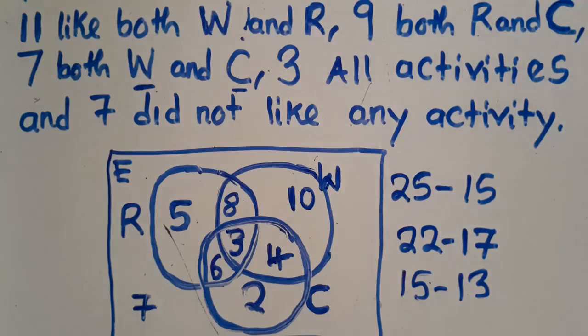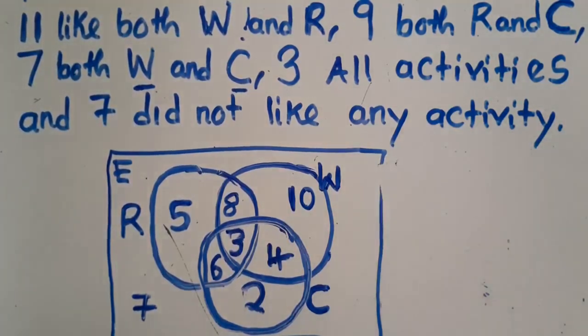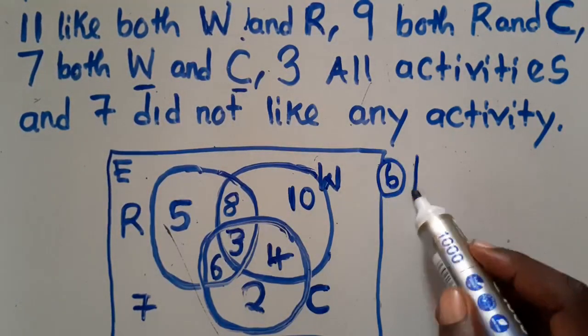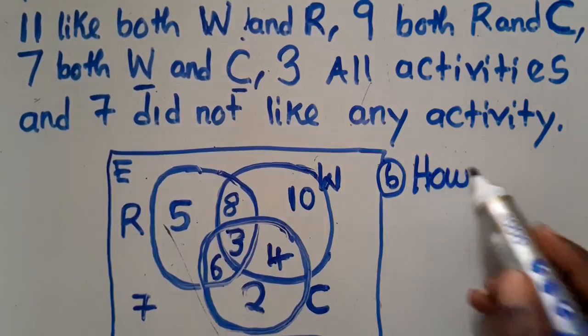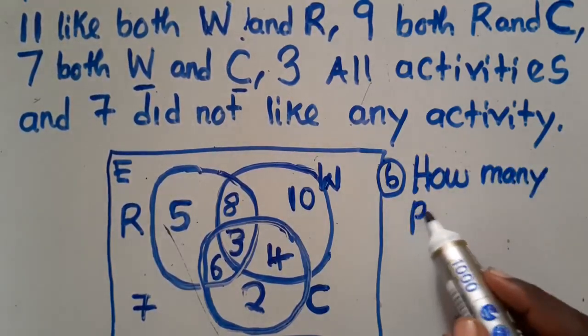Now, the questions that may follow are how many people? These are questions now. So it is saying how many people. You're not supposed to answer this one. So part B, it is saying how many people?